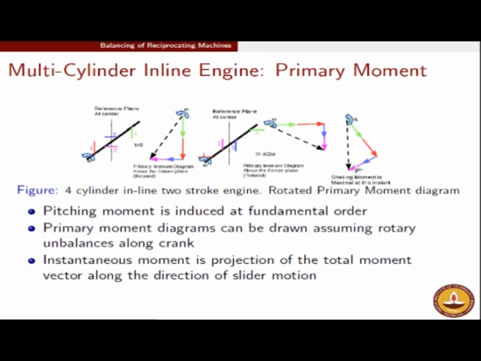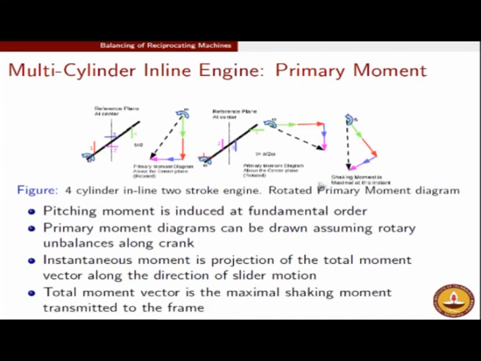So this moment is in fact going to be the maximum moment that you will get in your frame. Though we are able to resolve the primary forces and the secondary forces, the moments associated with the cranks are still remaining, and this is how we can calculate the maximum moment which is hitting the frame, or the crankcase, of our IC engine.